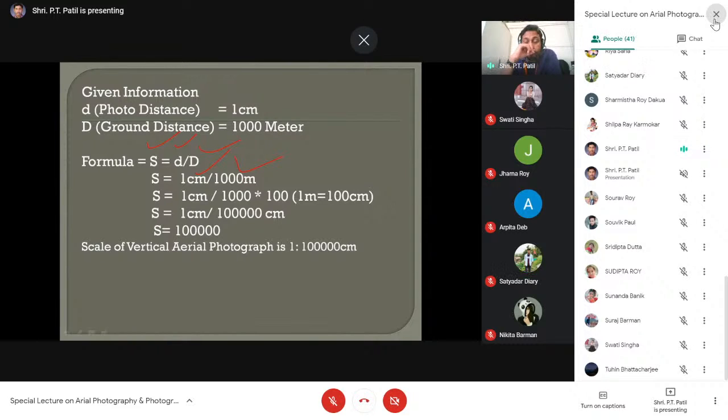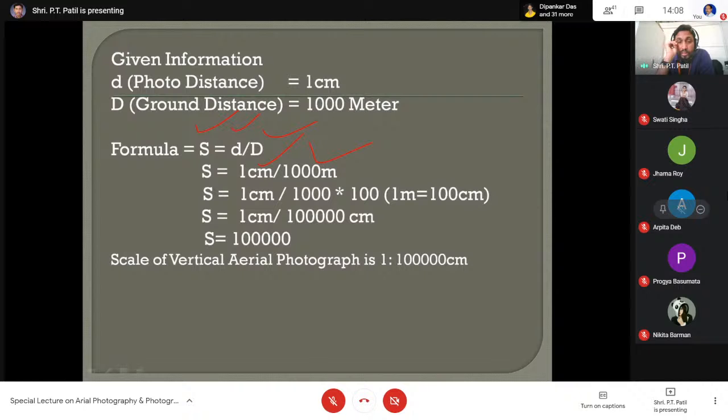So we have to change the units, because all the computation must be performed when the units are the same. So we have to perform all the activities by converting meter into centimeter. That's why we convert this 1000 meter on the ground into centimeter by multiplying by 100. Why are we multiplying by 100?